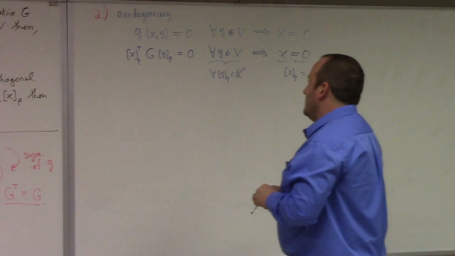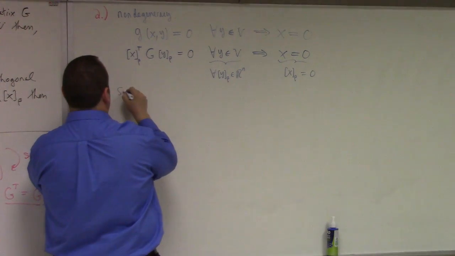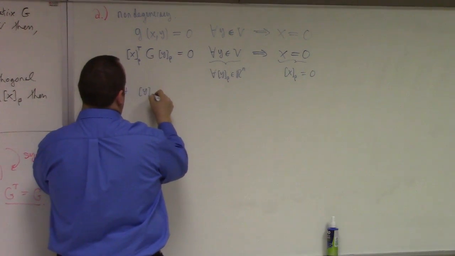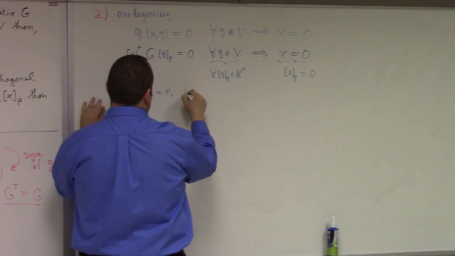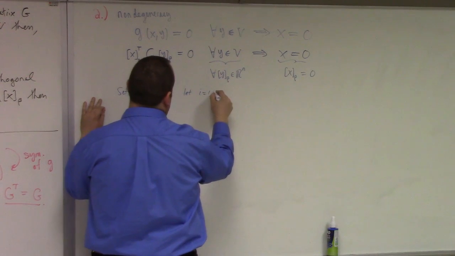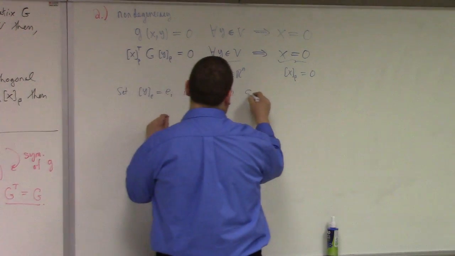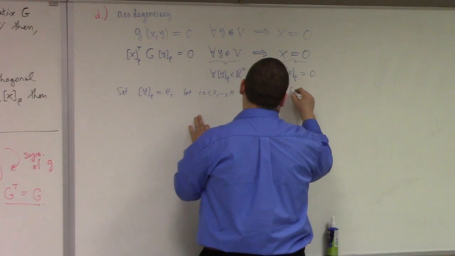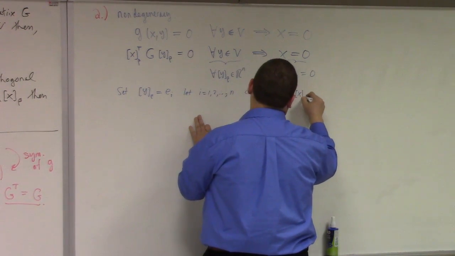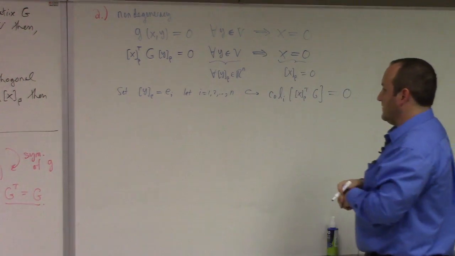So in particular, what can you do? You can set y beta equal to e_i and let i go from 1 to n, and we obtain the ith column of this matrix, x beta transpose G, is equal to the 0 matrix.